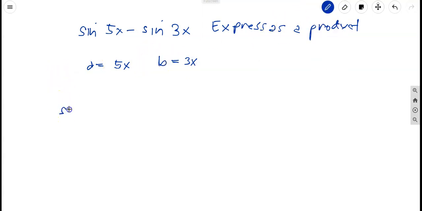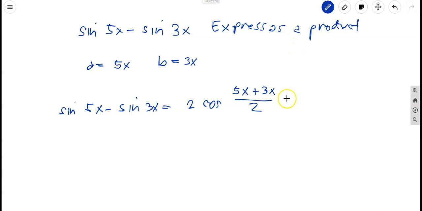So sine 5x minus sine 3x is equal to 2. For the sine function, you will get 2 cosine (A plus B), so therefore you will get (5x plus 3x) over 2, and then sine (A minus B), so therefore you will get (5x minus 3x) all over 2.